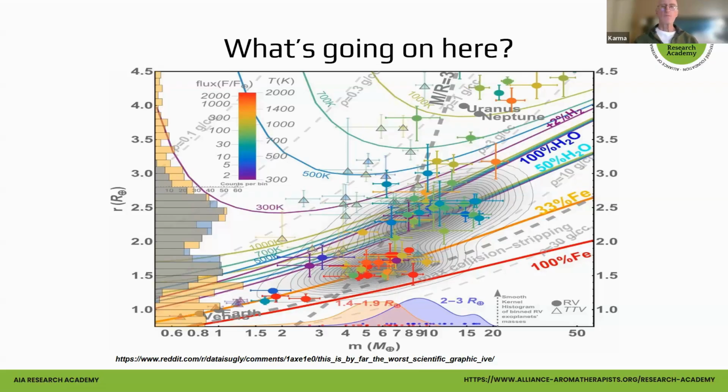I think it has something to do with planets, because Uranus and Neptune are here, and Venus and Earth are here, but they've run the lettering together. And then it has all these strange things: 100% iron, 33% iron, 50% water, 100% iron, 2% hydrogen. But then these are 300K.